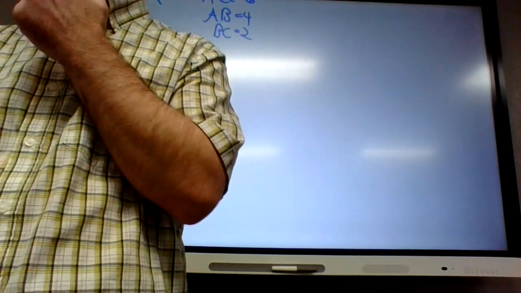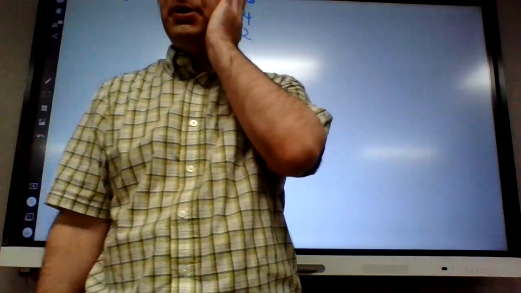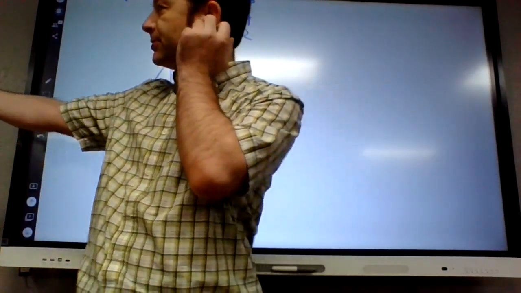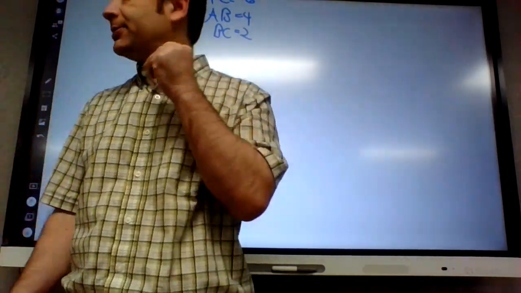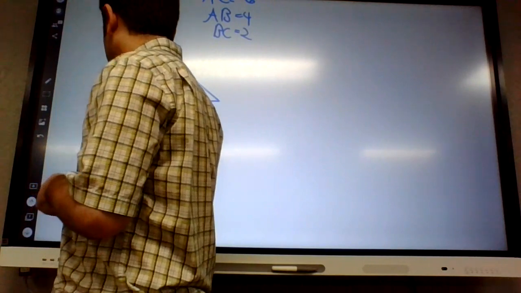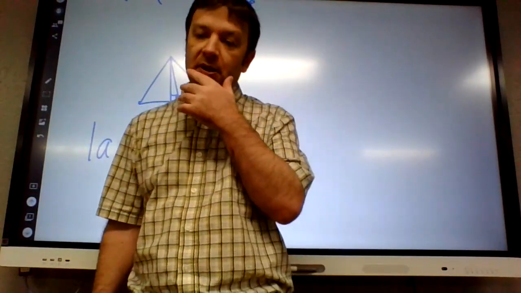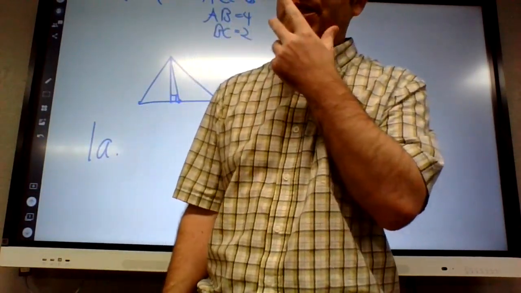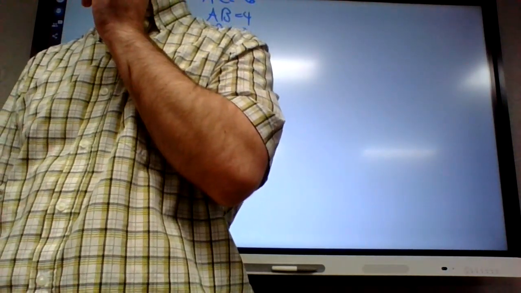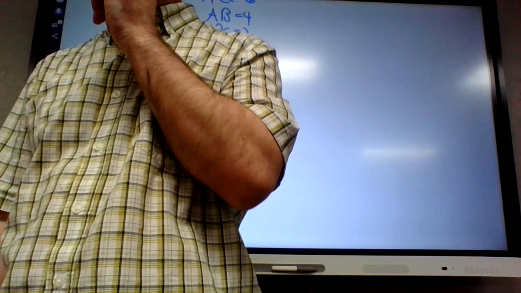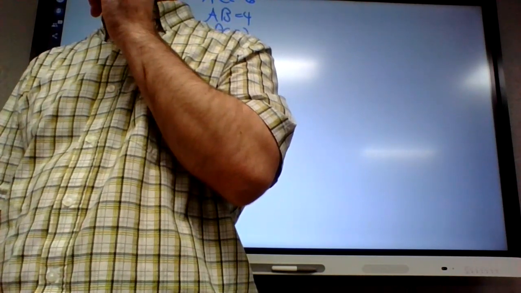Number 1 on that picture, page 217 or so. Which of those segments is an angle bisector? YD.